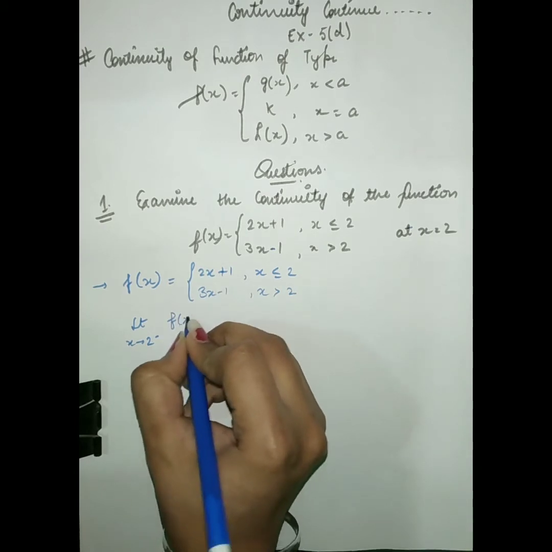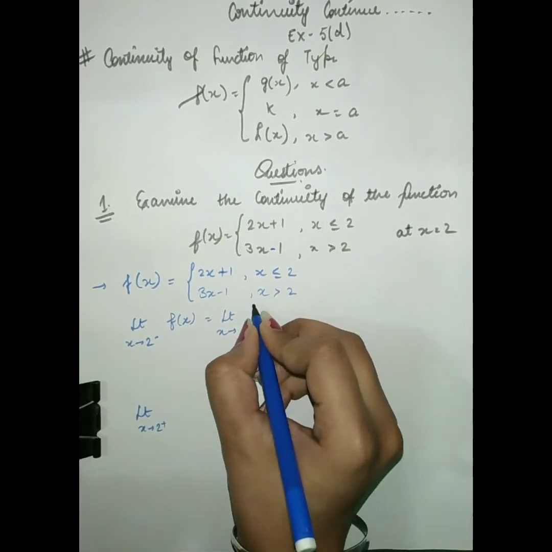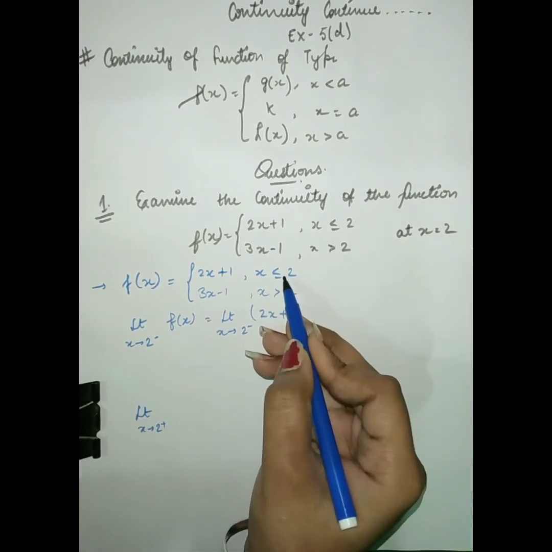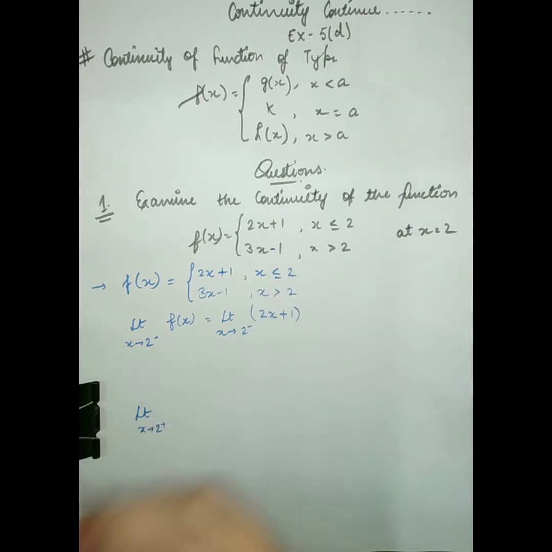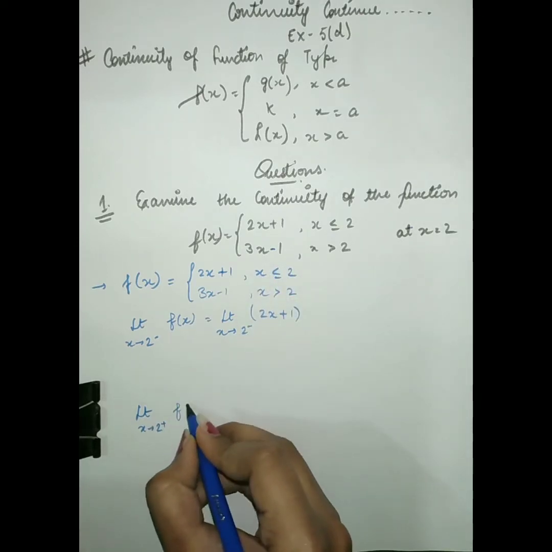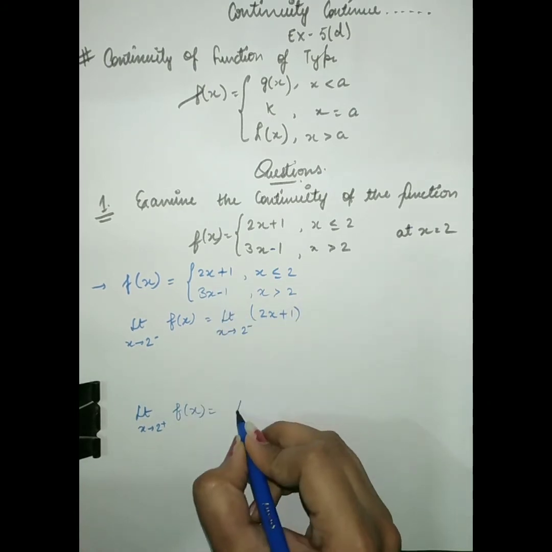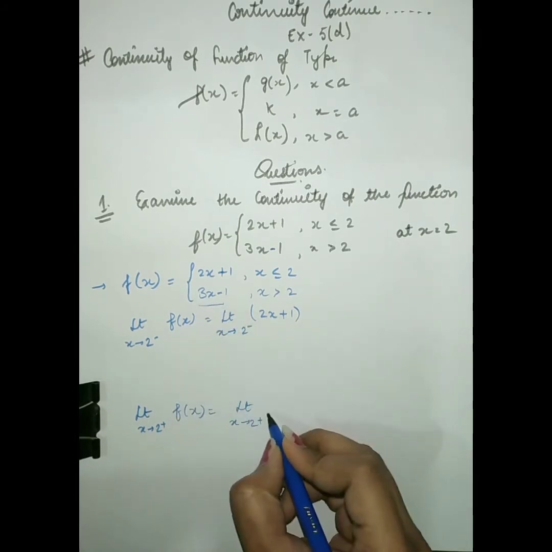The left hand limit is limit x approaches 2 negative of 2x plus 1, because x is less than or equal to 2, and here the function for x greater than 2 gives limit x approaches 2 positive of 3x minus 1.